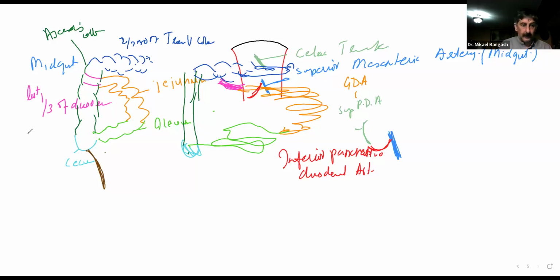What we can mean is that the last 1/3 of the duodenum, and some of the adjacent parts of the pancreas, is going to be supplied by the inferior pancreatico duodenal artery. Did you guys get that?